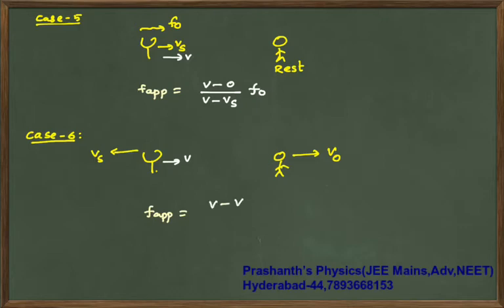So, it is V minus V naught by the velocity of sound with respect to source, because they are in opposite direction, V plus Vs into F naught. Next, case 7.